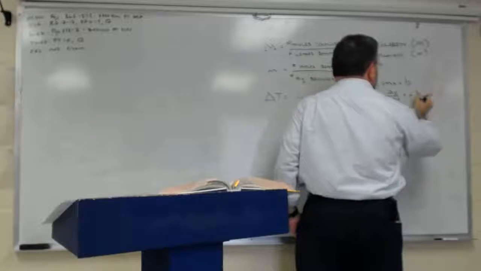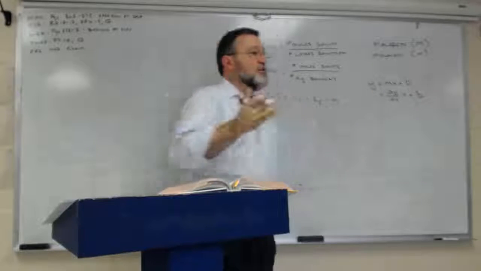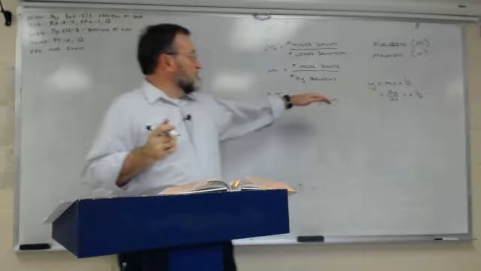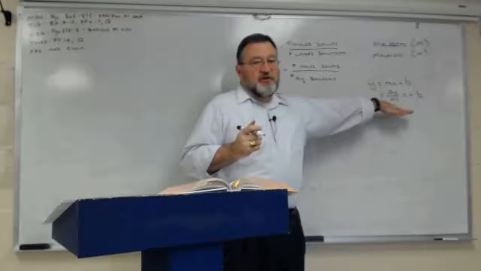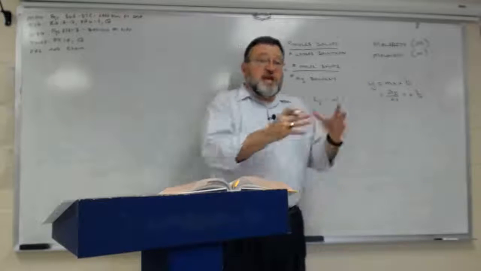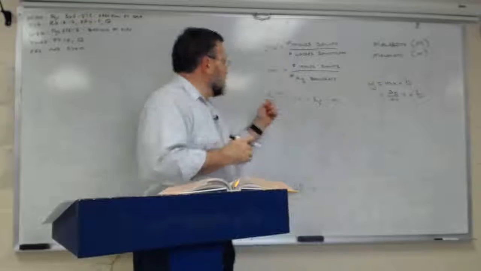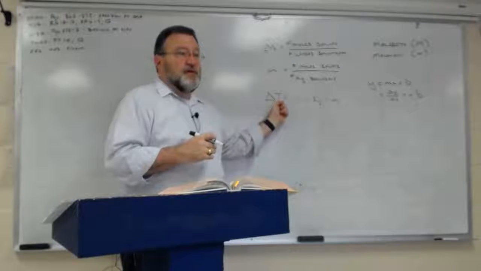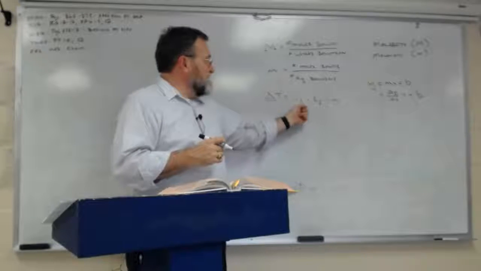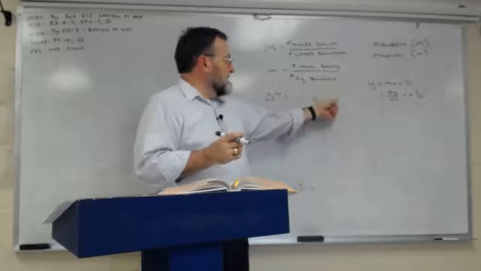Your change in y over your change in x. So it's the change in. Delta is your change. The change in temperature is equal to negative i times K sub F times m.